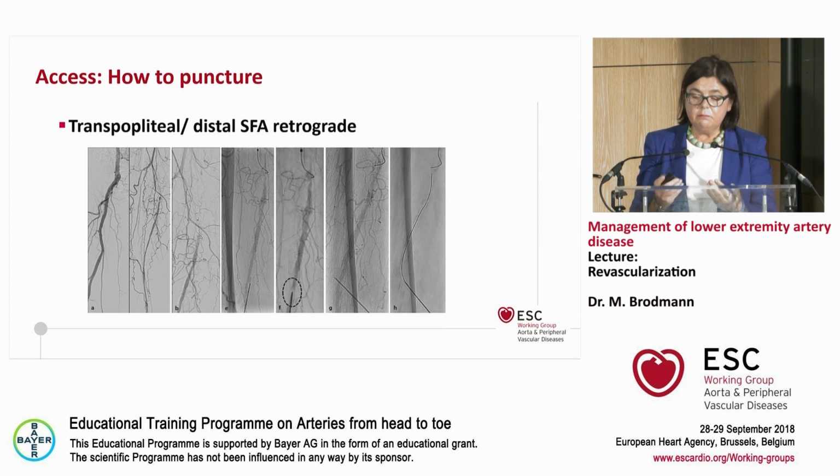So if the procedure is not easy, I would really recommend, and this should be done more and more, this interdisciplinary approach to how to treat such a patient.